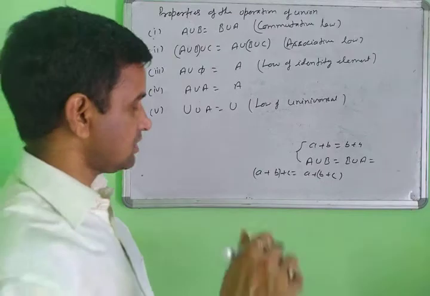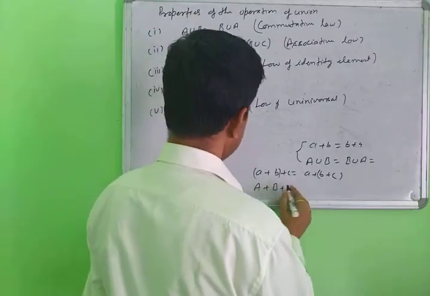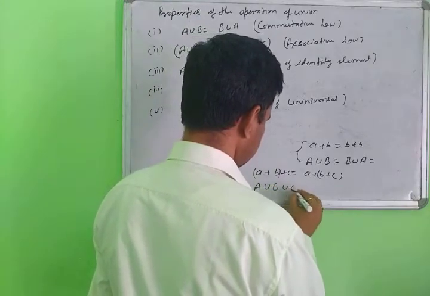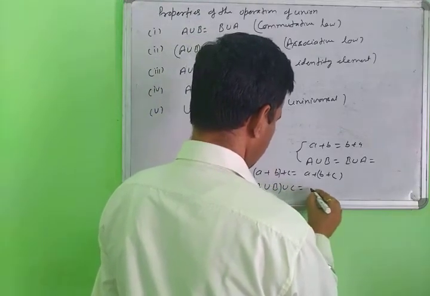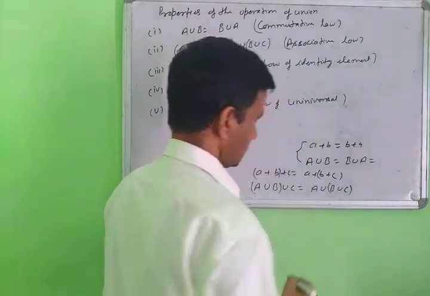Same thing here with 3 sets: A union B union C equals A union B union C. This is your associative property.